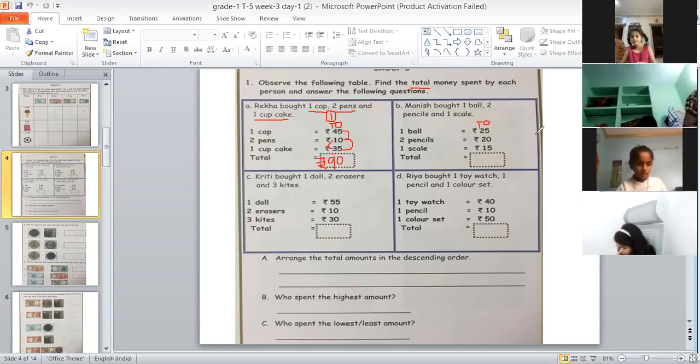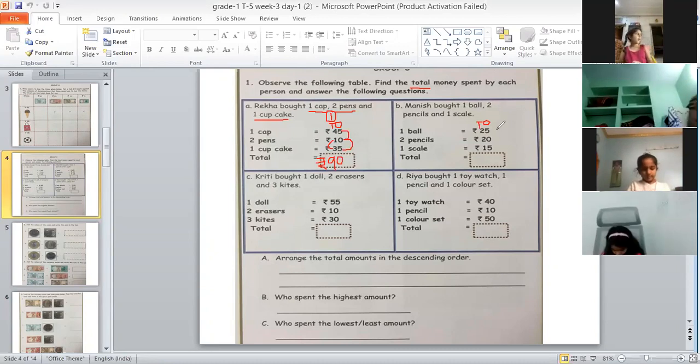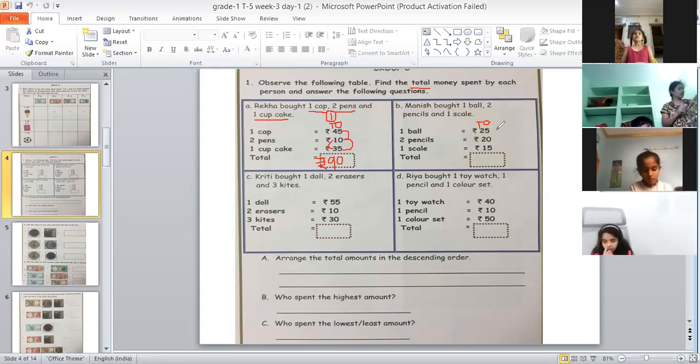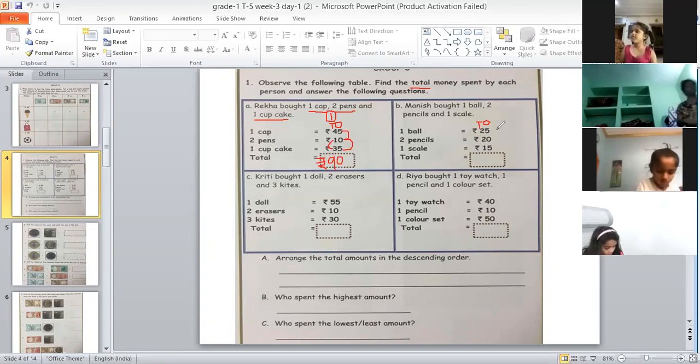Arohi, now we have to add the numbers in ones place. You tell me, 5 plus 0, how much? When we add 0 to any number, that number will not change. 0 means nothing. So 5 plus 0 is 5.